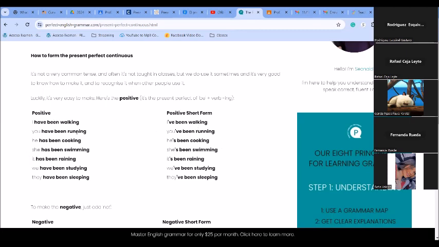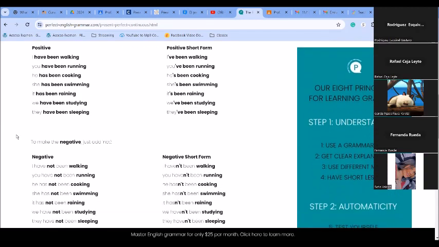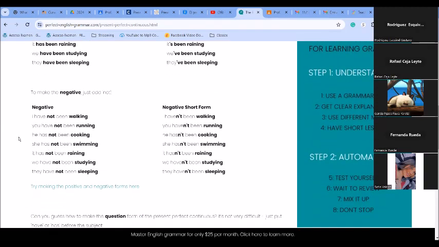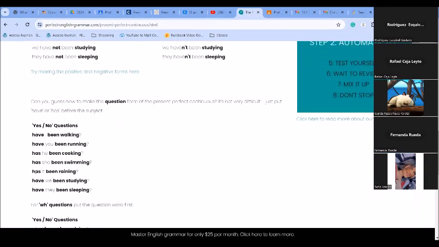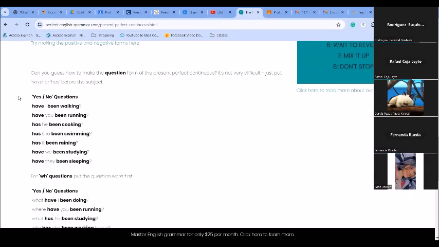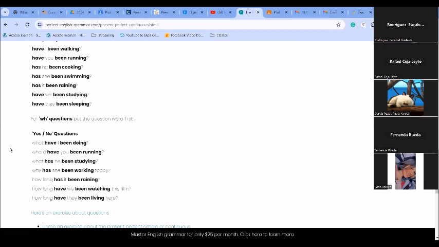Notice the difference with the subject line. Remember, if you are making negative sentences, what you are making negative is the have portion. So haven't or hasn't. In question forms, you can start with your have or has, or you can also use question words.